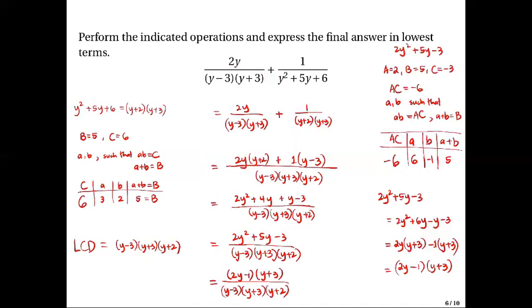And now we clearly see that y plus 3 cancels, which means the final expression will be 2y minus 1 over y minus 3 times y plus 2. So this is the final expression.